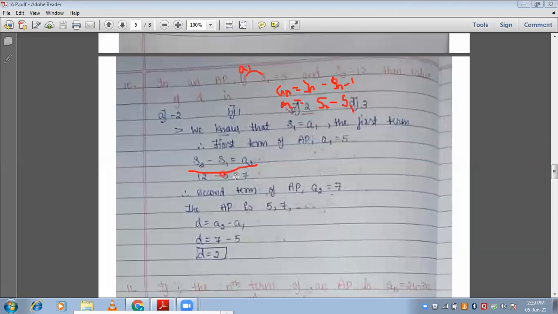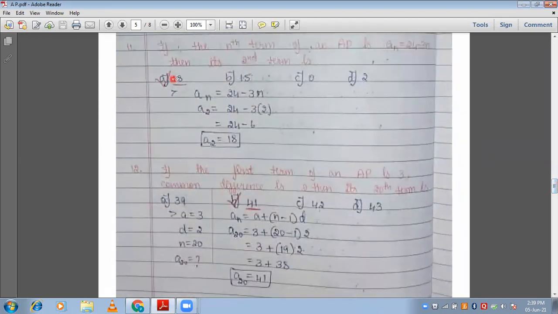S2 value is 12 minus S1 is 5, which is 12 minus 5 is 7. So the value of a2 is 7, the second term is 7. Now the value of d. d is equal to a2 minus a1. 7 minus 5 is equal to 2. Which option is correct? Option C is right.